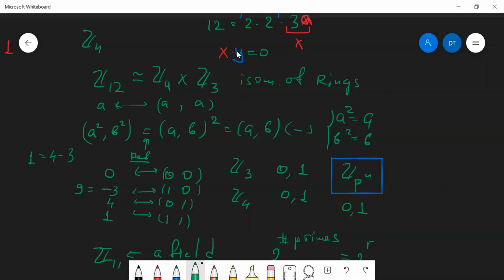But probably that's less convenient than just finding all the numbers coprime with 12. So for invertible elements, it's just easier to cross out all numbers with a common factor with 12.